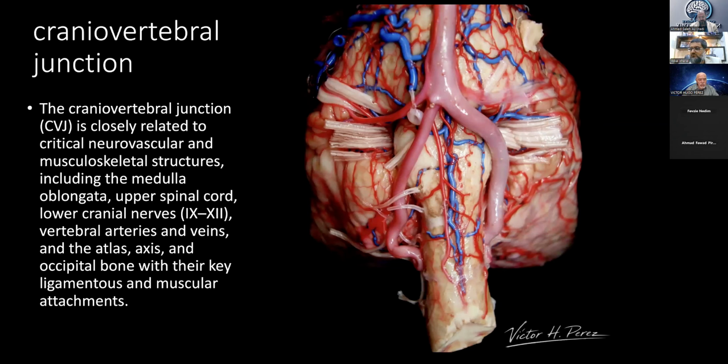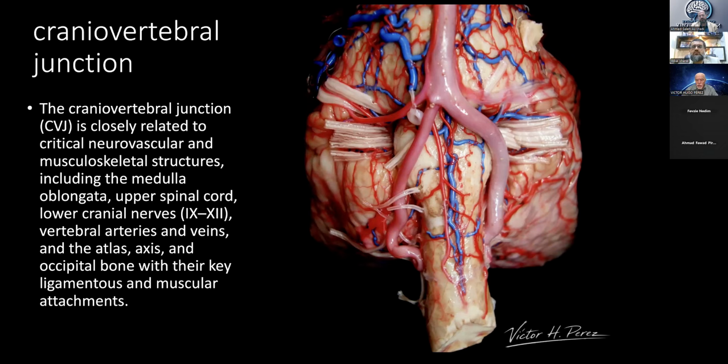The craniovertebral junction is closely related to critical neurovascular and musculoskeletal structures, including the medulla oblongata, as you can see here in this picture. This is really a beautiful picture about arteries and veins.